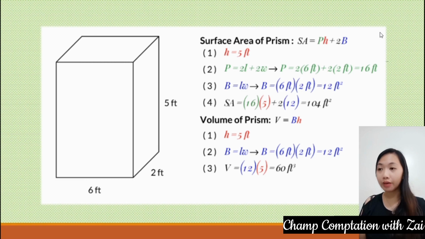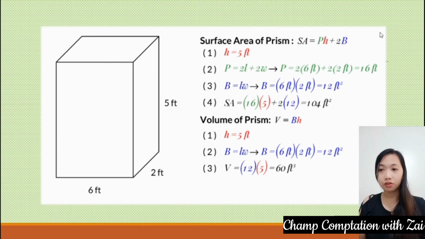So for the base, what I have told you before, remember, depends on what kind of polygon the prism possesses. This time, this is a rectangle, so therefore our base is equal to length multiplied by width. So we have 6 multiplied by 2 feet, and that is 12 square feet.